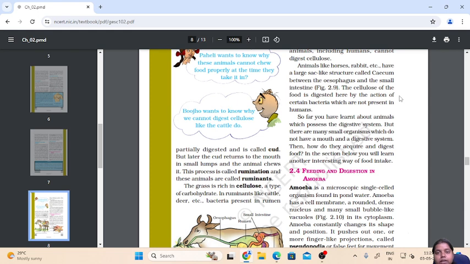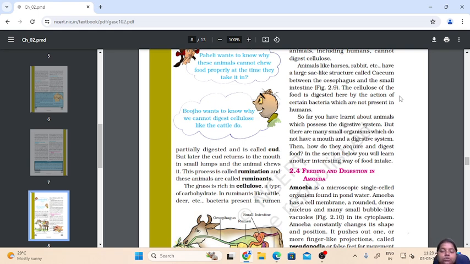That process of the cud returning to the mouth and being chewed again is called rumination. Animals that undergo rumination are called ruminants. Understood? Grass is rich in cellulose, which is a type of carbohydrate.